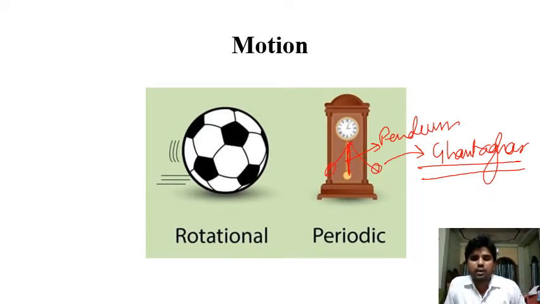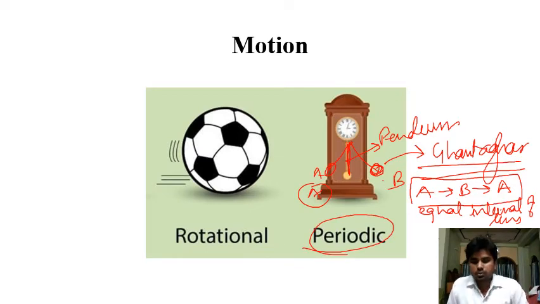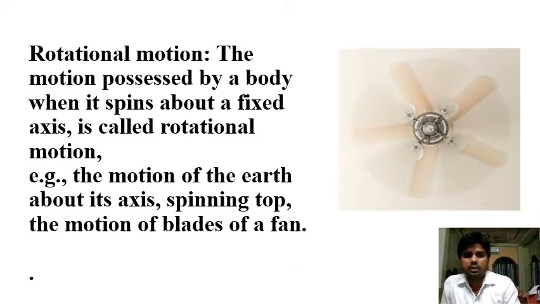When we see its timing from A to B and back to A, we will find that it is always an equal interval of time coming from A to B and again back to A. So such motion is known as periodic motion.